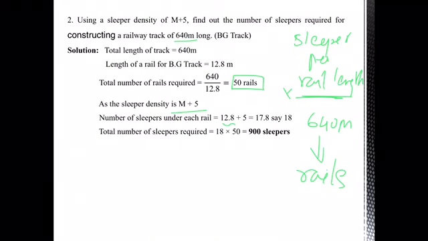So substitute the length of the rail, and we get the number of sleepers under each rail. Under one rail we require 18 sleepers, but we have 50 such rails to cover the 640 meter length. So the total number of sleepers required will be 18 multiplied by 50, which is equal to 900 sleepers. This is how, with the expression for the sleeper density, we can calculate the number of sleepers required in the construction of the railway track.